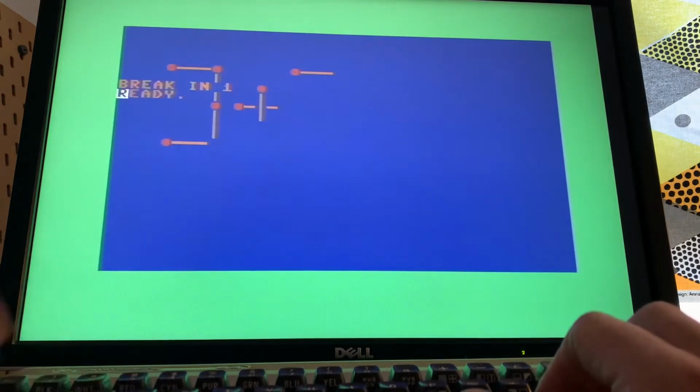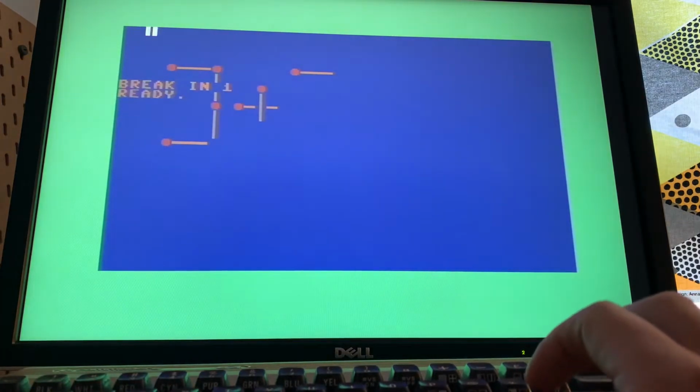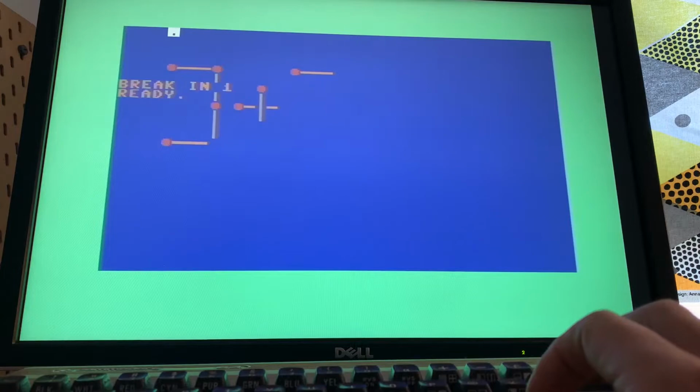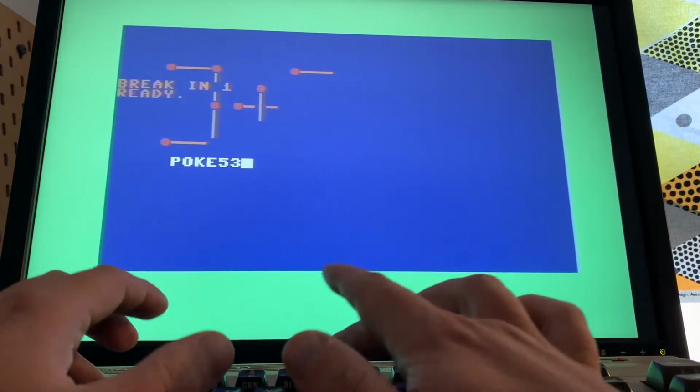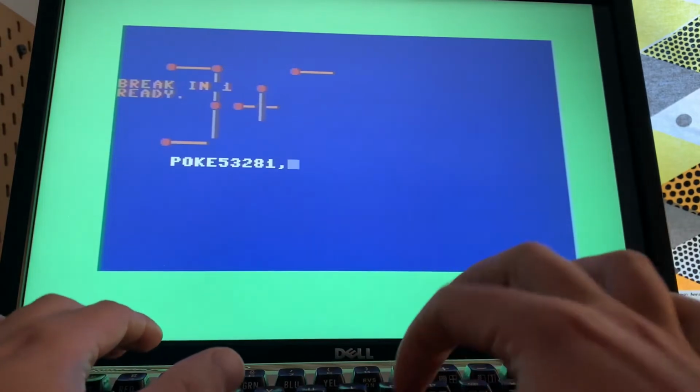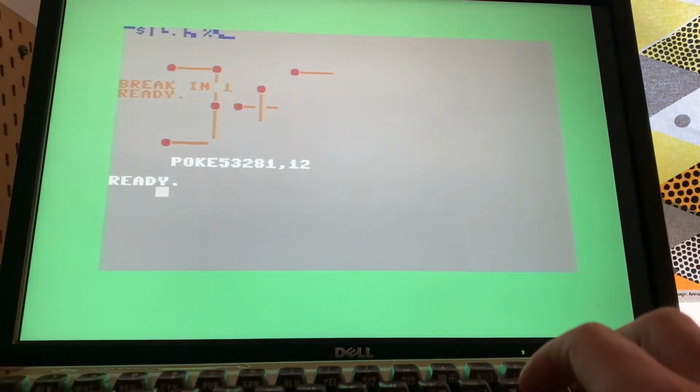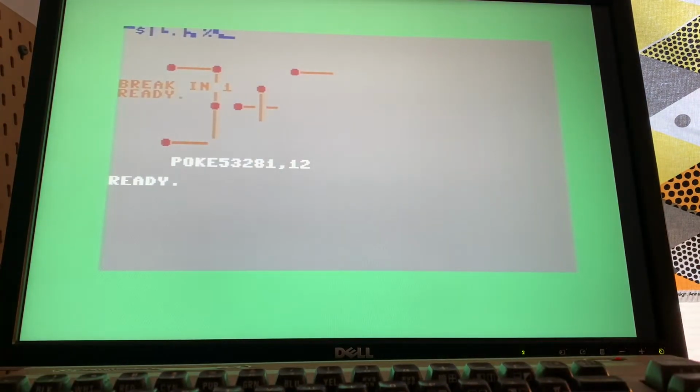Okay, let's break it. And you see they are here actually. So yeah, that's a trick I used. Maybe I should show you with changing the screen. Okay, so now you can see it.